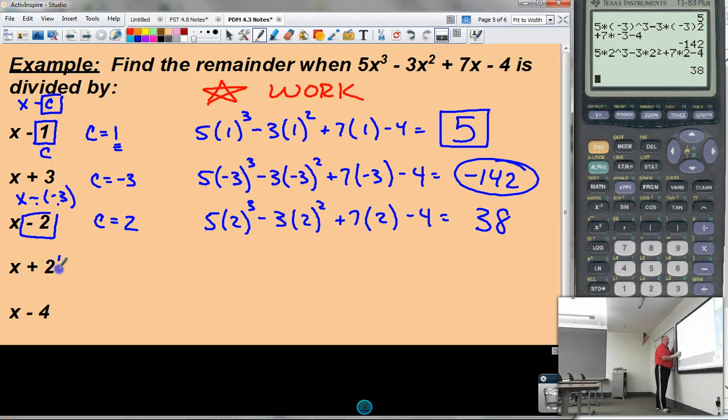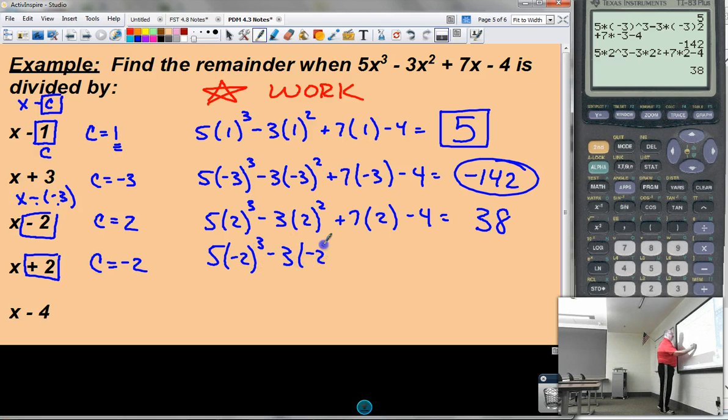Next one, x plus 2. My C value would be negative 2. 5 times negative 2 cubed minus 3 times negative 2 squared plus 7 times negative 2 minus 4.